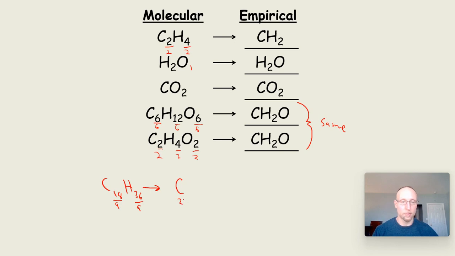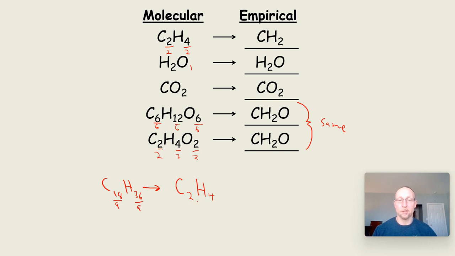C2. H36 divided by 9 is 4. So we get C2H4.